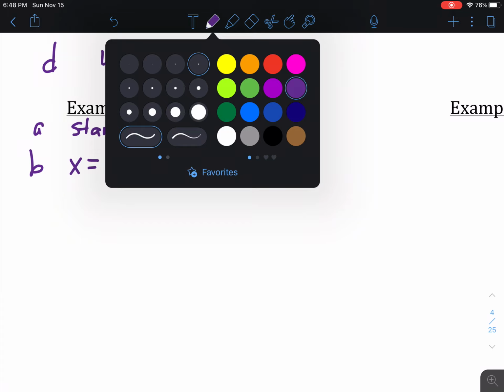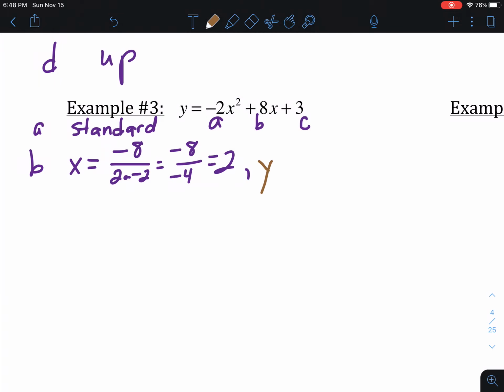Now we need to find the y-coordinate. So we need to take that 2, and we're going to plug it in for the x's in the original formula. So negative 2 times 2 squared, use parentheses when you're plugging in, plus 8 times 2 plus 3. And I'm going to use order of operations here. Got to be careful. What would come first would be the exponent.